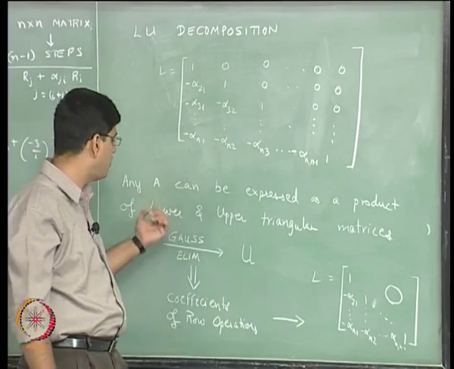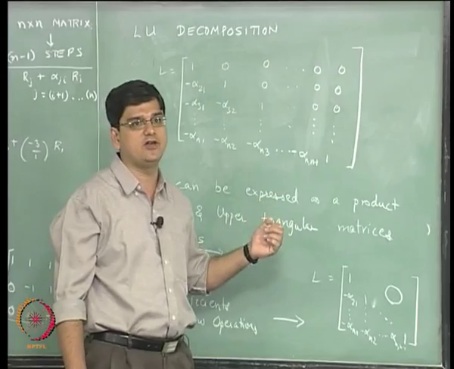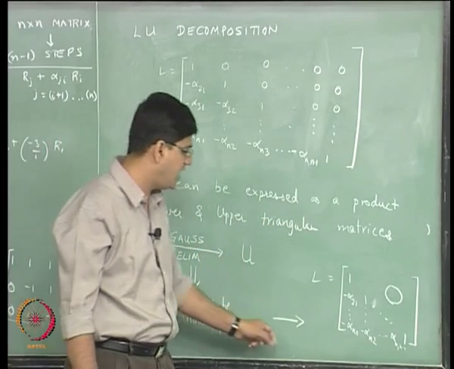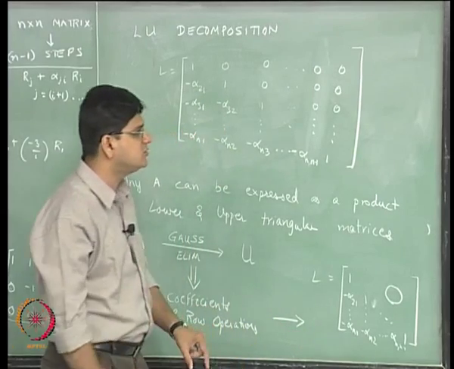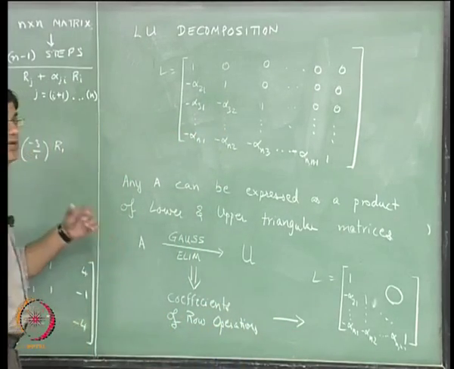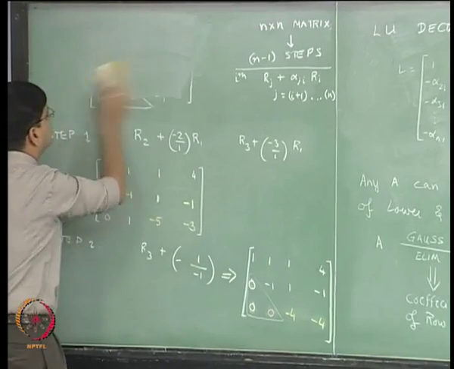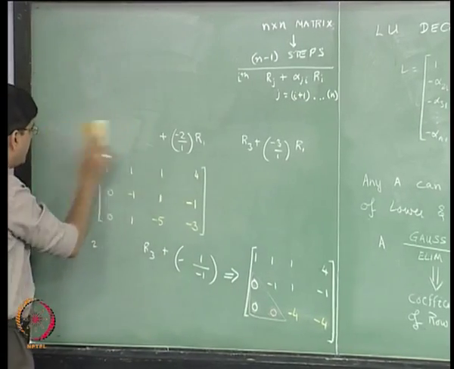So, fine, we have now gotten the matrix L and we have now gotten the matrix U. What do we do with the matrix L and the matrix U? The answer to that question is that we can use these LU matrices in order to get the solution of Ax equal to b.